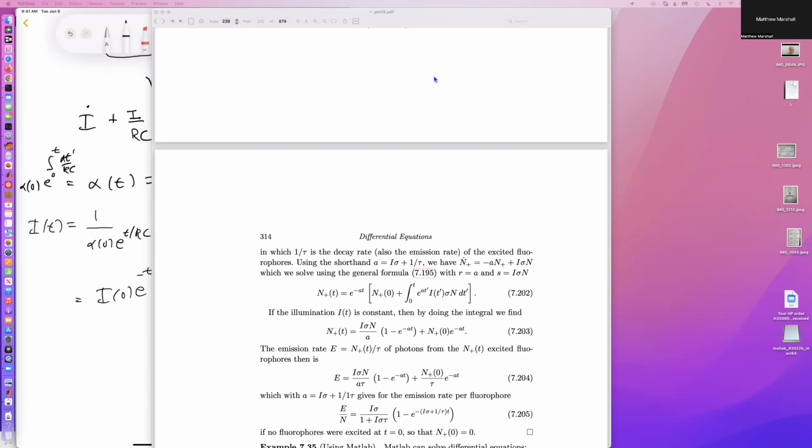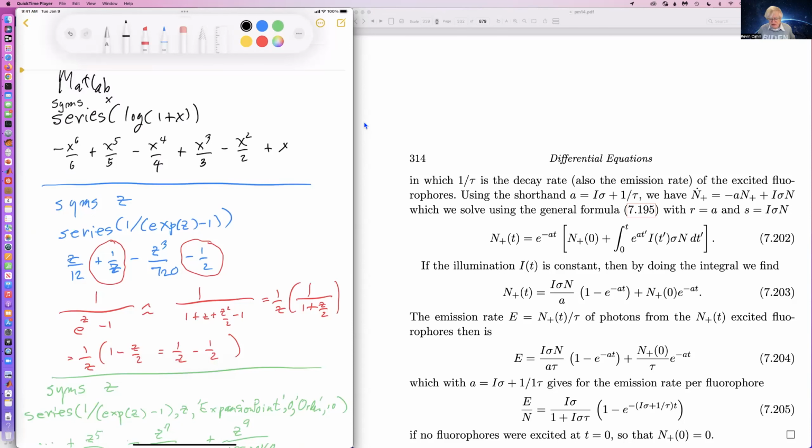Okay, now what I want to show you is, let's first make this a lot bigger. But first I want to go over here and show you some Matlab tricks having to do with series.